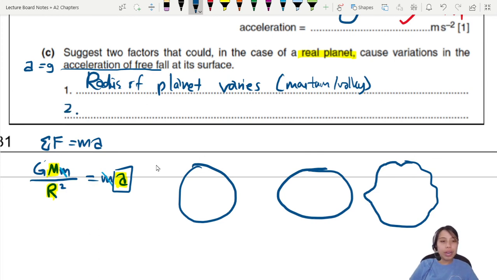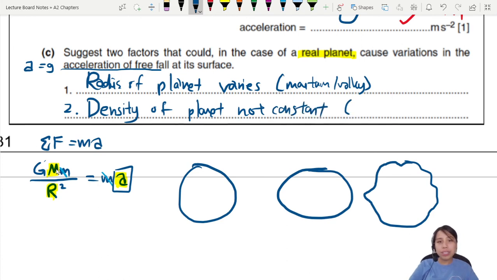So radius can affect acceleration. Mass of the planet itself can affect acceleration. So for the mass of the planet, the more proper term is to say the density. Density of the planet is not constant everywhere because the material of the earth is different.